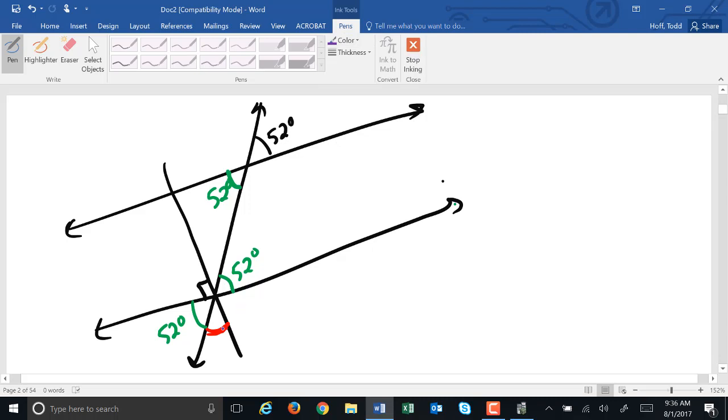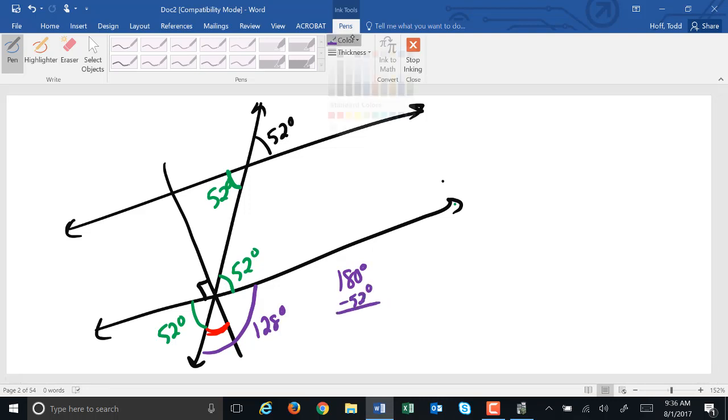Now, I can't find the red one directly, but I do know what this purple one here has to be. It has to be 128. How did I get that? Yes, 180 degrees minus 52. Those are supplementary. Once I know that that's 128, if this is a right angle, this is also a right angle, correct?